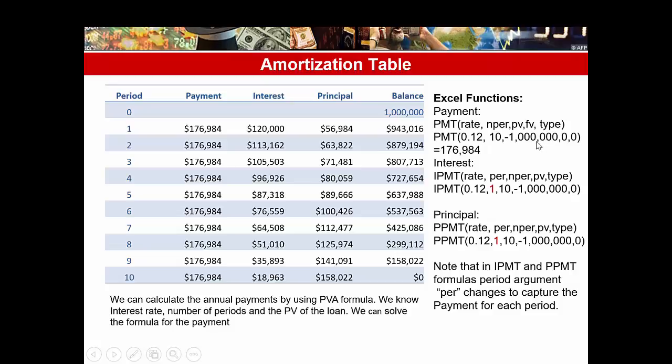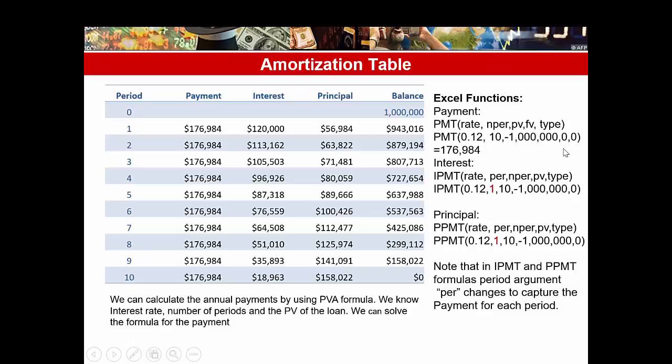So 1 million is the loan amount, and then we will enter 0 here, which is the future value. This figure indicates that after the last payment, balance declines to 0.